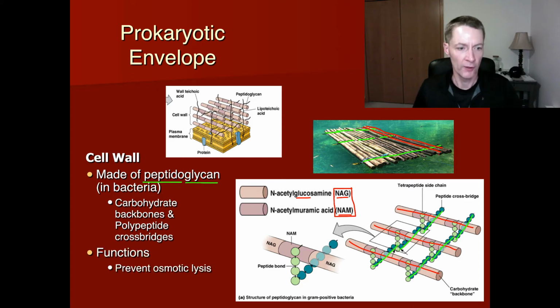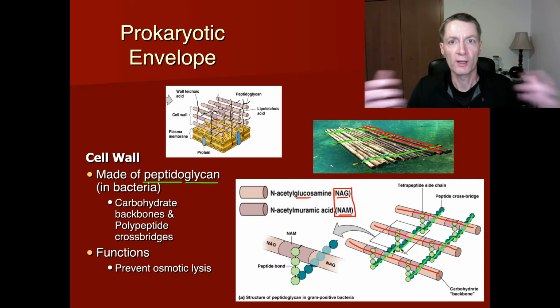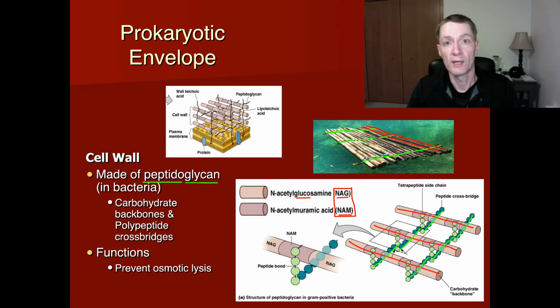Now, the functions of the cell wall are numerous. One of them is that it prevents osmotic lysis. So, if we talk about animalian cells, there are water pores in the membranes of those cells. Of course, animalian cells don't have a wall, you remember. And water is able to move freely in and out of these cells. Now, in this case, though, a wall provides stability to the outside edges of a prokaryotic cell.